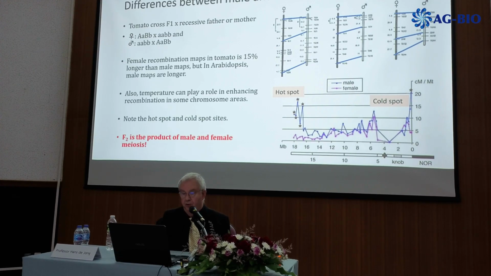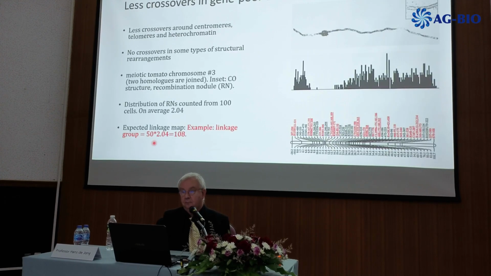It can be just the opposite. And also keep in mind that the F2, which is the product of a male and a female meiosis, always gives some uncertainties, because you get different linkage maps for the male and the female, which is not always revealed by the linkage mapping.